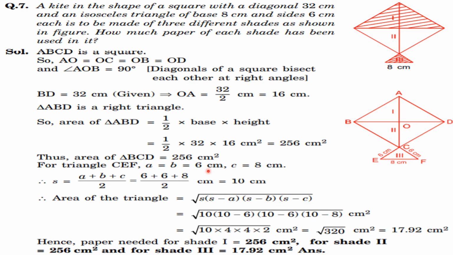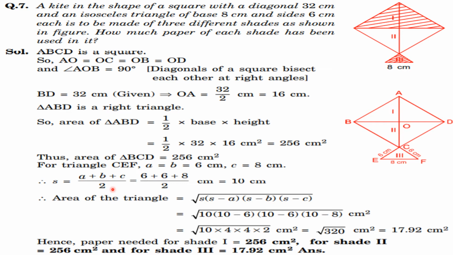First of all, we are finding S. What does the letter S denote here? S is the semi-perimeter of the triangle. What is the formula? A plus B plus C by 2. This is the formula for semi-perimeter of a triangle.